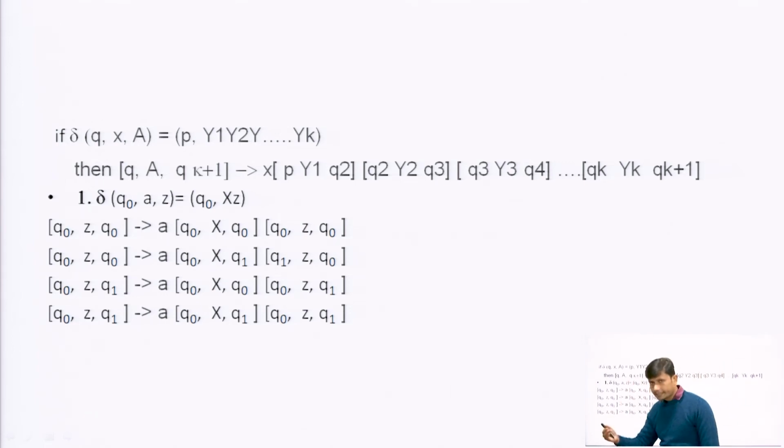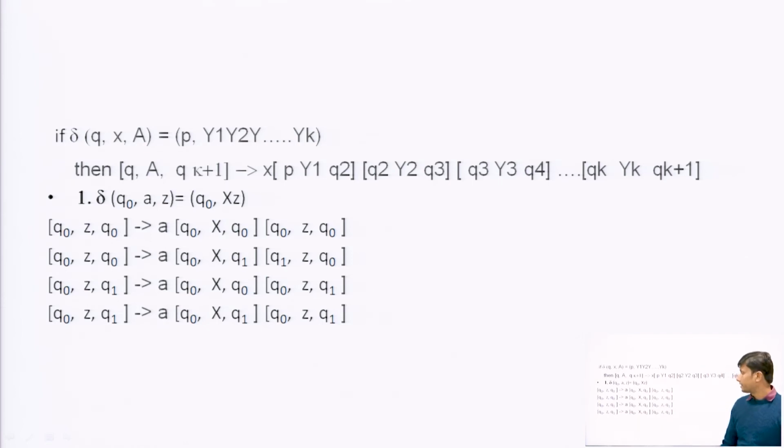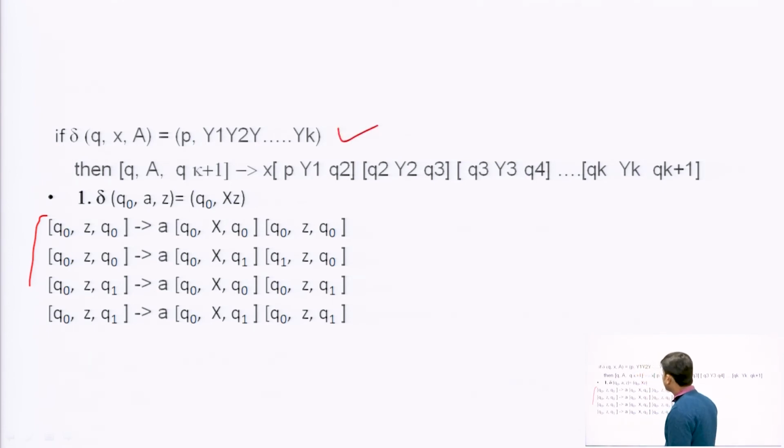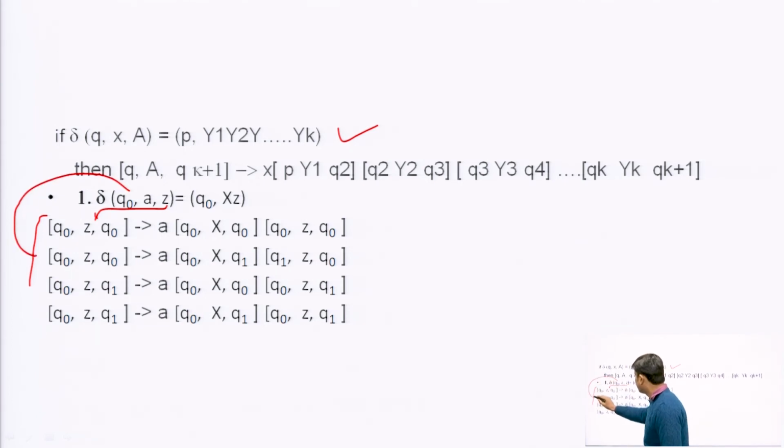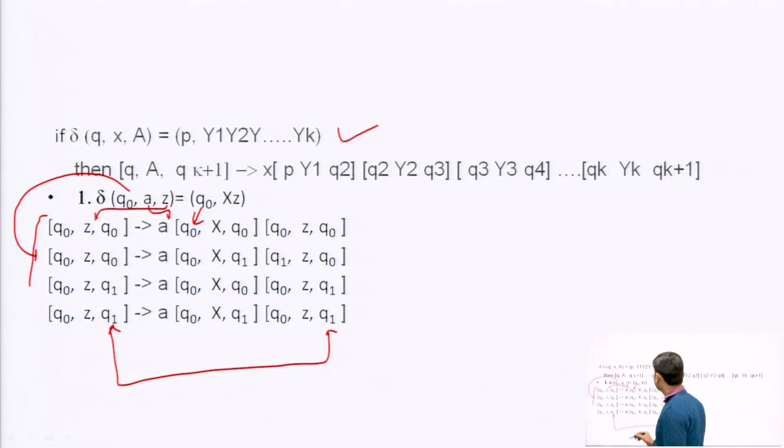Using this rule, we have to derive the productions. Here the stack part will be the same, and these parts will be the same. The only difference is the states, Q0, Q0, Q1.